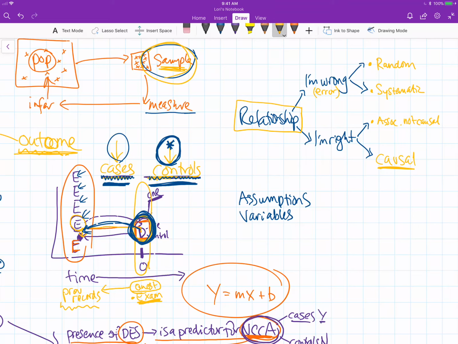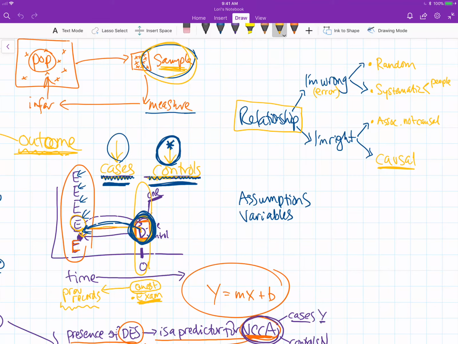So specifically with the systematic error, it's really important to think about the way we assembled our two groups. How did we collect the people into our study? We have cases and we have controls. Did we manage to get groups that would actually measure this thing that we're trying to measure?